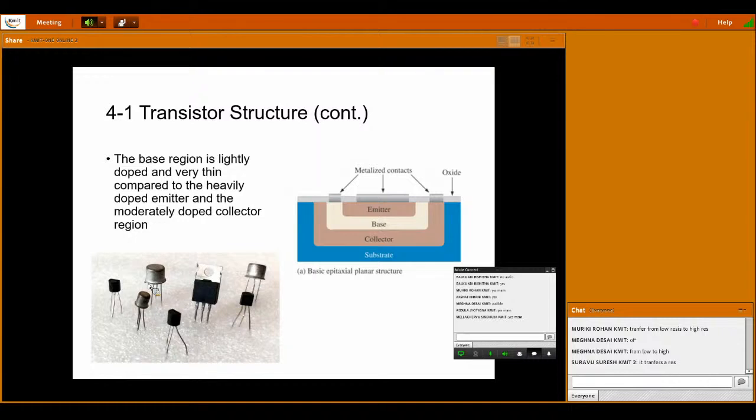It is arranged like a water tank or cylinder type. The terminal nearest to the notch is called the emitter; in an anti-clockwise direction, it will be the base and collector. These are the practical transistor pictures we have in the image.